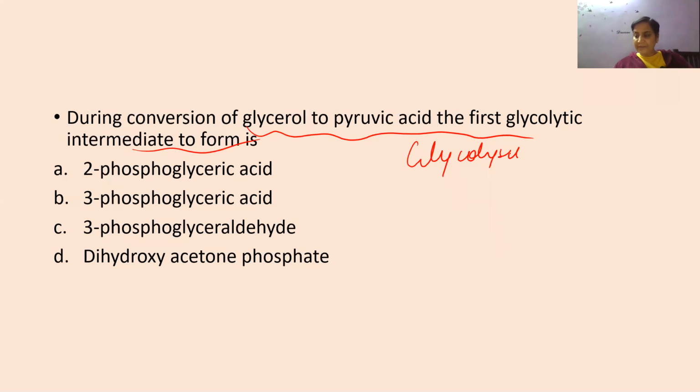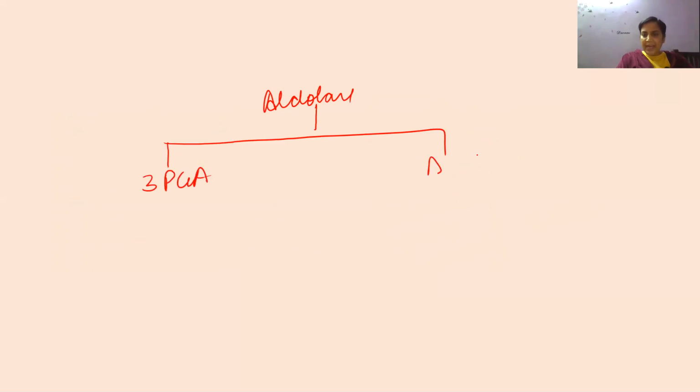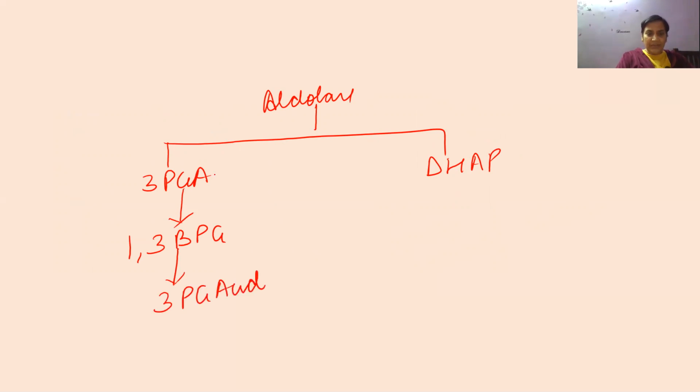So you can say aldolase splits into 3-phosphoglyceraldehyde and dihydroxyacetone phosphate. This glyceraldehyde will be converted into 1,3-bisphosphoglyceric acid, and this 1,3-bisphosphoglyceric acid will be converted into 3-phosphoglyceric acid. So the difference between these two is aldehyde and acid, and then 2-PGA.